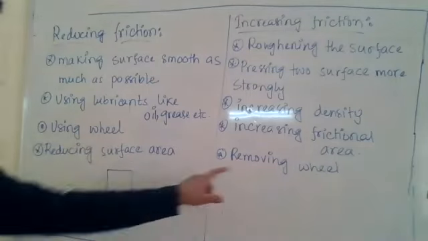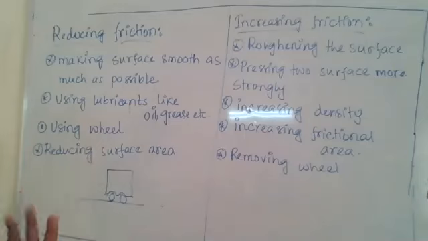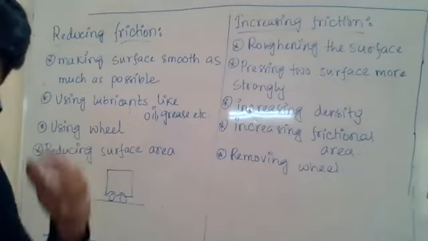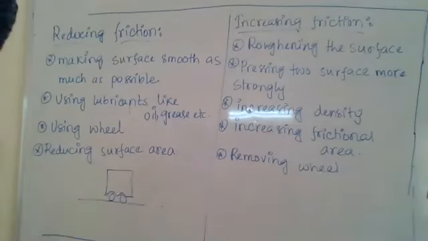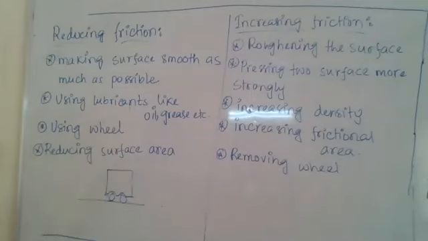Decreasing area, removing wheels, using wheels. If you remember at least these 3, then it will be easier for you to write and keep in your mind. I think no more doubts. I hope that you have already listed out the points. These are important for 2 marks questions. They might tell you to list down 2 ways to reduce friction and 2 ways to increase friction.